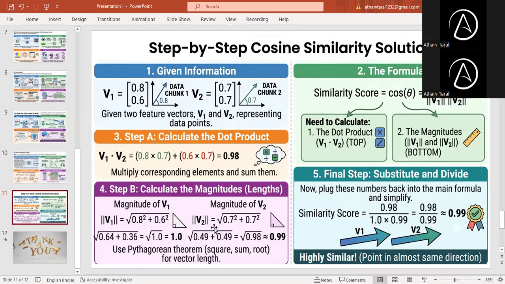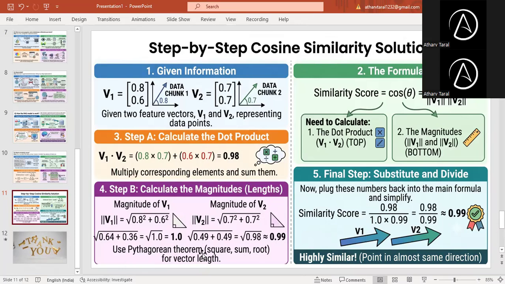Magnitude of vector 2 is calculated the same way: 0.7 squared plus 0.7 squared, 0.49 plus 0.49, gives the square root of 0.98, which is approximately 0.99.